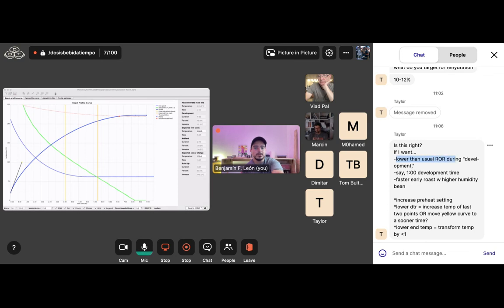Okay, so the lower than usual ROR during development would mean that I'm roasting a coffee, as I said at the beginning, that doesn't take pressure as well, or is kind of fragile in that sense. So I personally would go for that sort of lower slope at that point, but not necessarily during development. I think the measure is more at what velocity you're going when you arrive at first crack, which is actually the time where it makes the most difference, right?